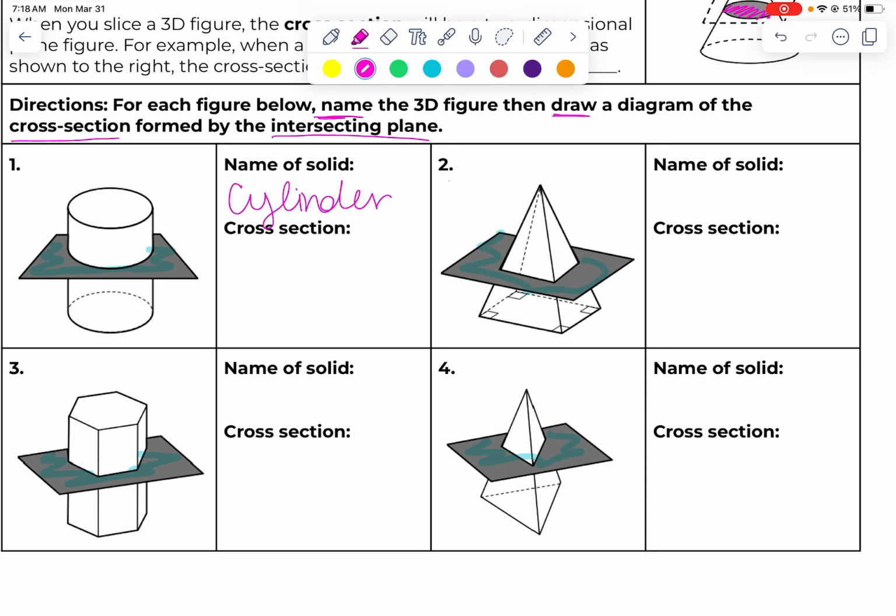If I were to cut it right through here, this would form a circle. The reason we know that is it is parallel to your base, so it would be the same shape as your base.